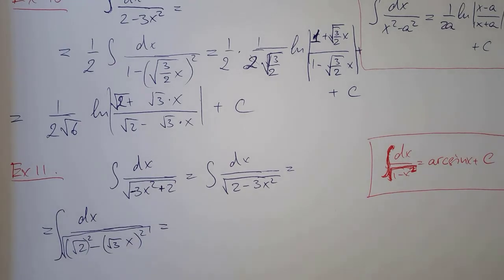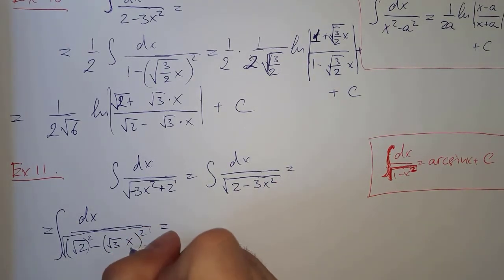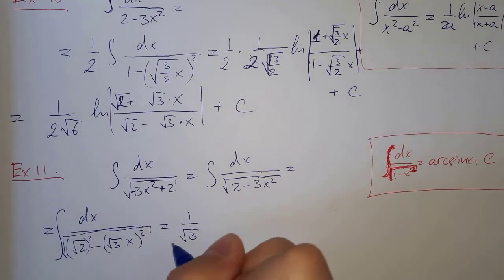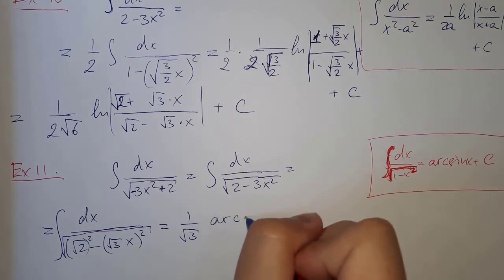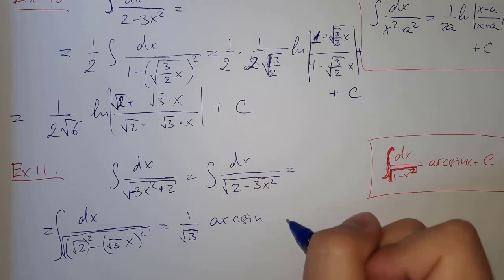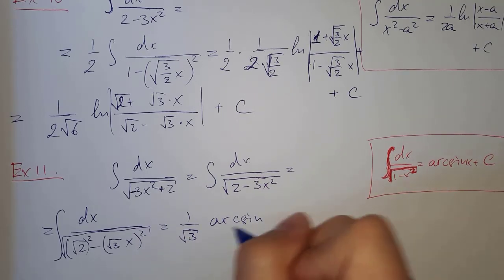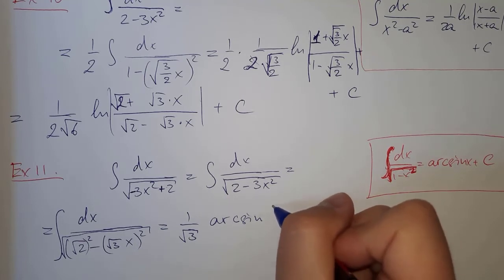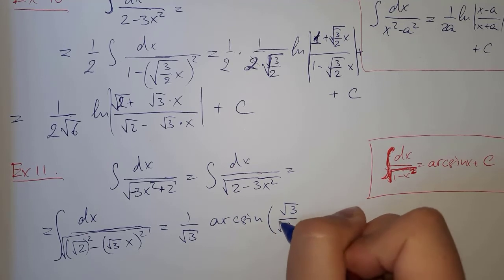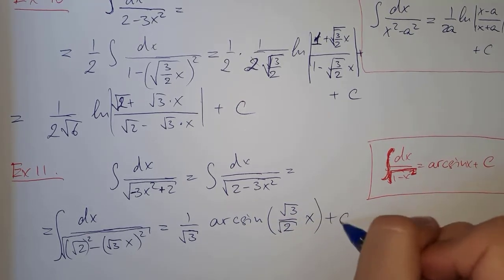Let's continue. Our a is square root of 3, so it will be 1 over square root of 3, 1 over a, arcsine of square root of 3 over 2 x, plus c.